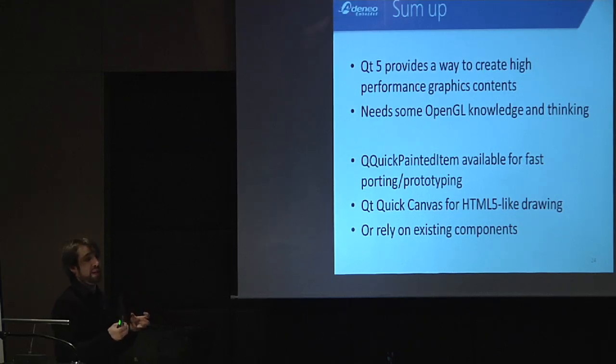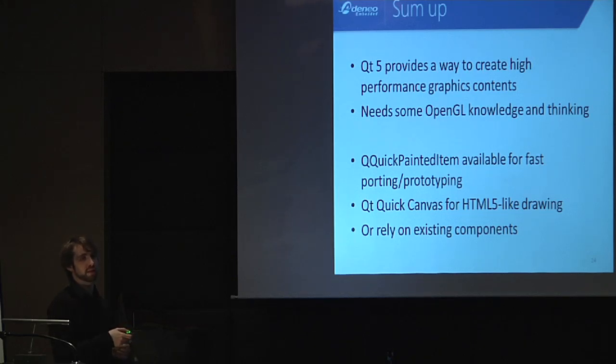And now we can really write something which is close to OpenGL, so really fast to run on your hardware. The problem is that it now needs some OpenGL knowledge and thinking when creating your components.